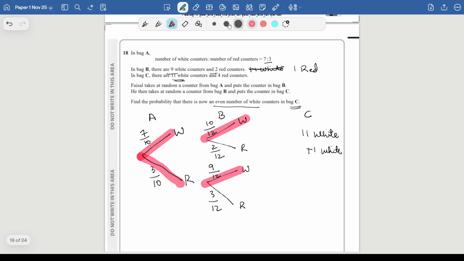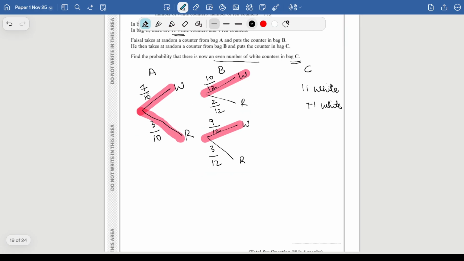So we have to find its probability now. For this rule, it's 7/10 times 10/12, or 3/10 times 9/12. These are the only ways, right?